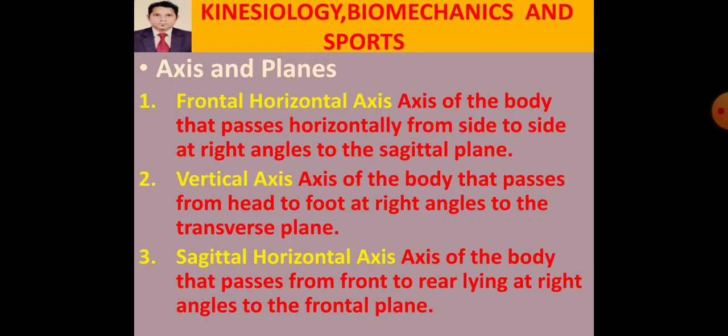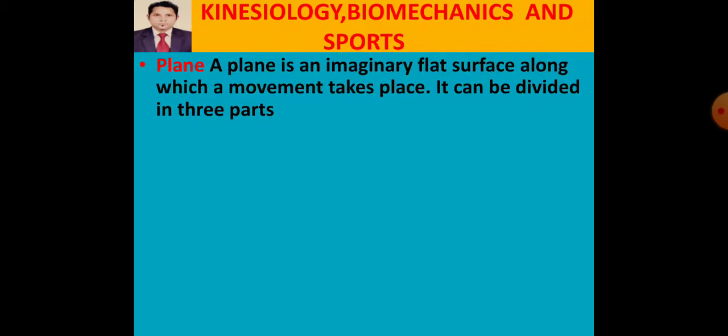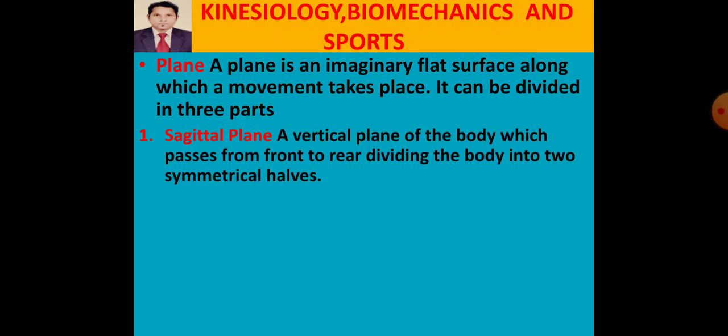So then we can understand the sagittal horizontal axis of the body passes from front to rear and divides the body into two parts. Then what is a plane? A plane is an imaginary flat surface along which a movement takes place.